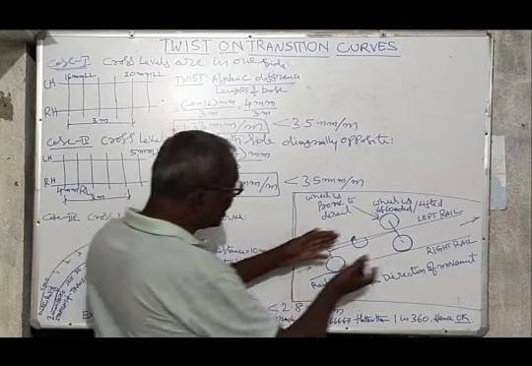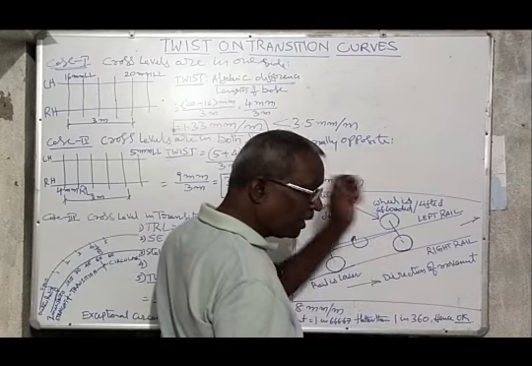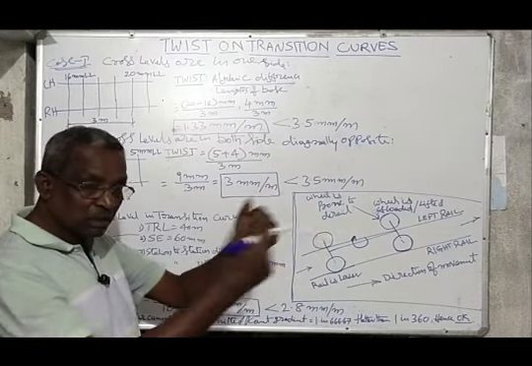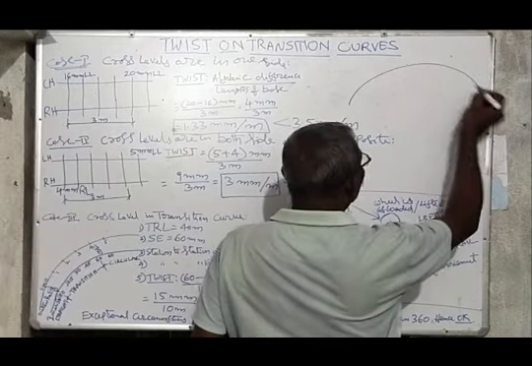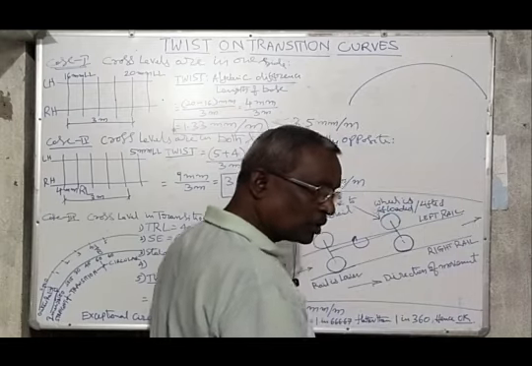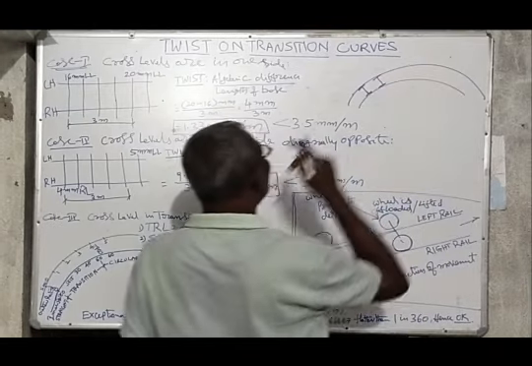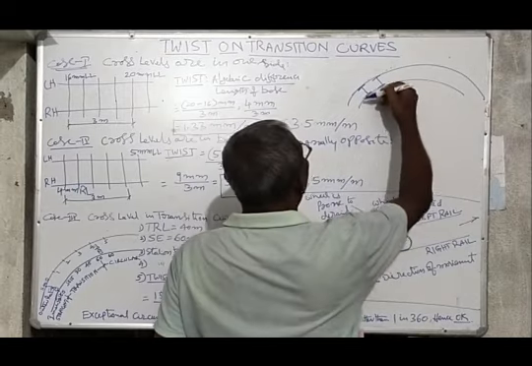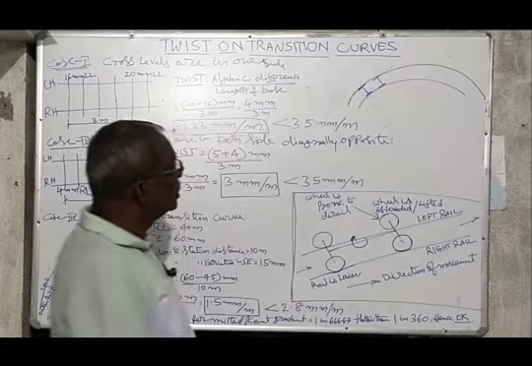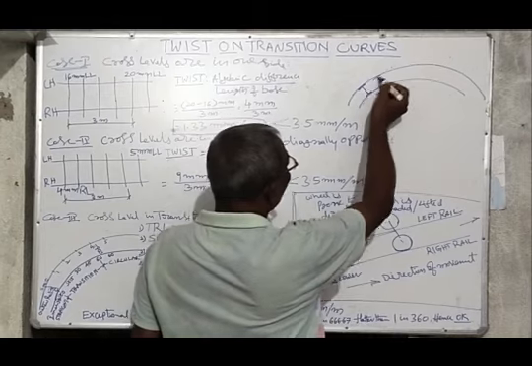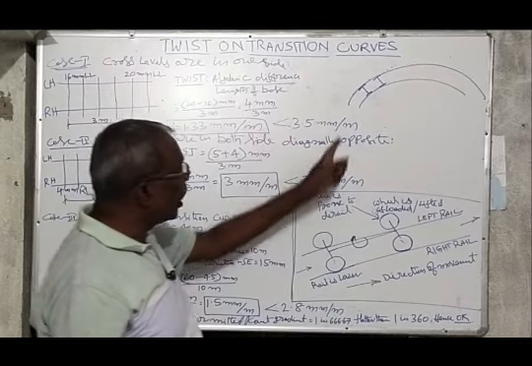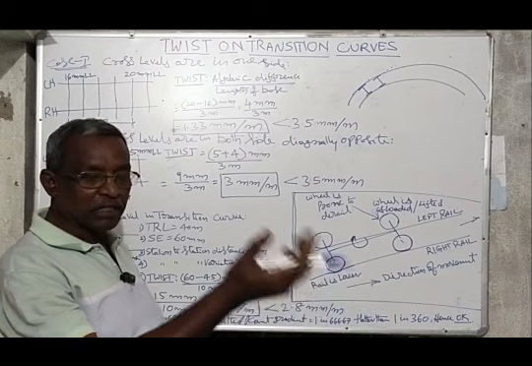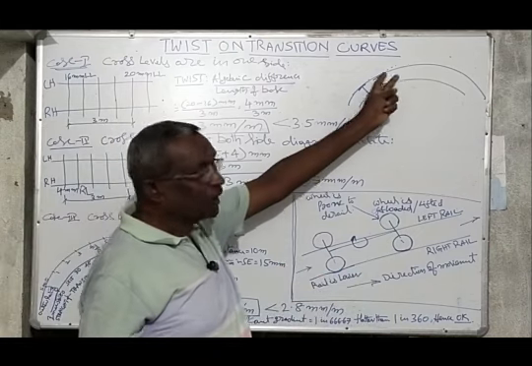In a straight track it happens like this, so what about the transition portion? Because in the transition portion or circular portion, while moving, due to centrifugal force, the wheel is trying to mount the outside of the rail. Due to this wheel flange thrust on the outer rail gauge face, more wear and tear takes place in the outer rail of the curve.